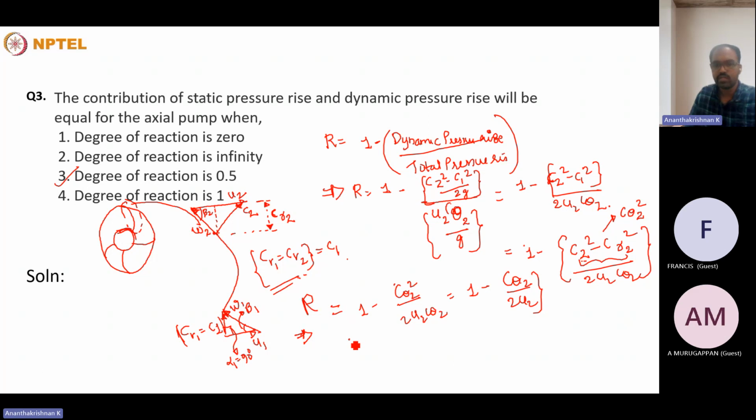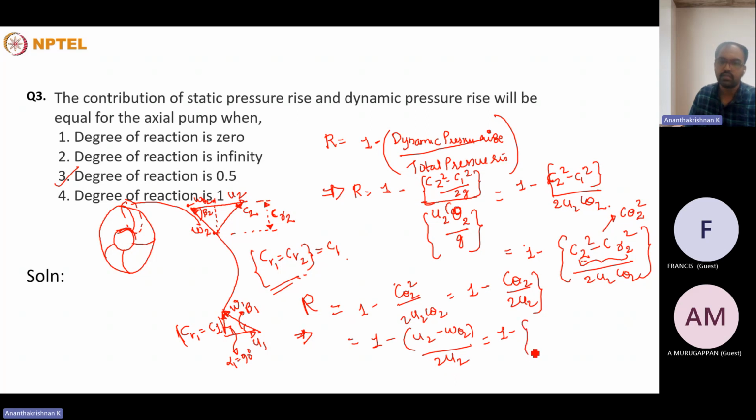From the velocity triangle at the exit, we can write C theta 2 as U2 minus W theta 2, divided by 2U2. This particular quantity. Now what we can do is divide the numerator by the denominator.